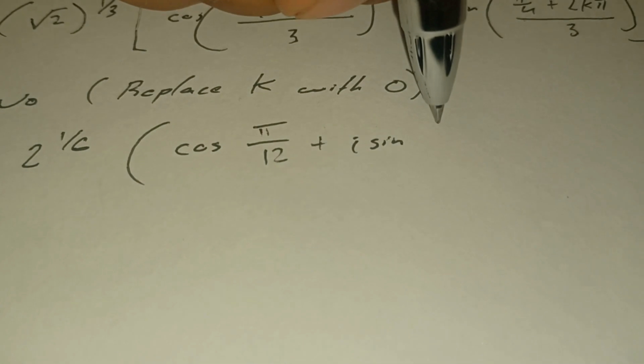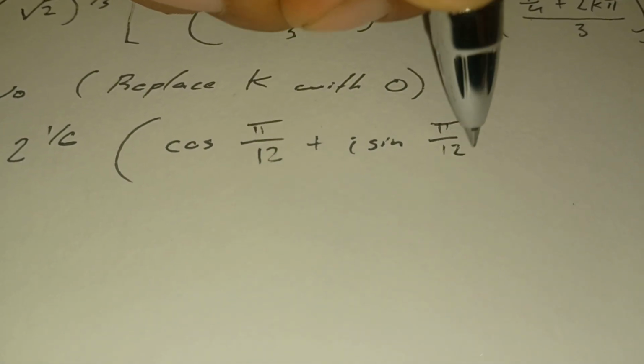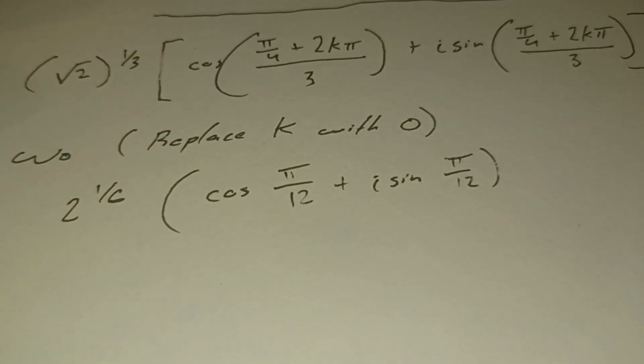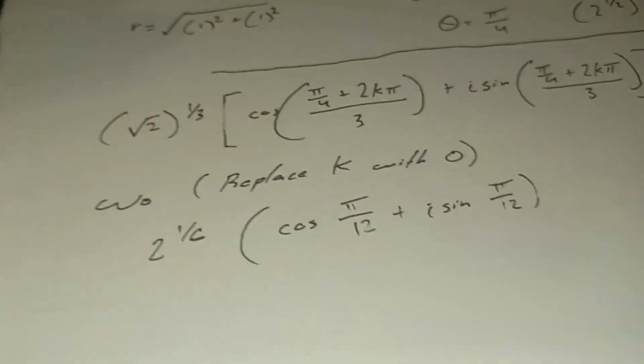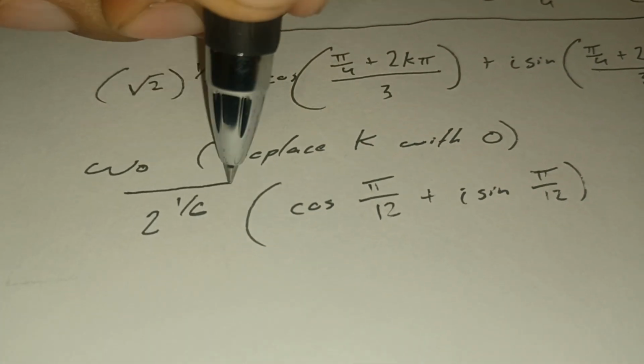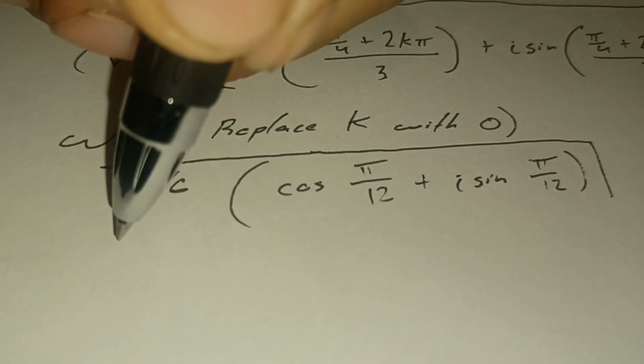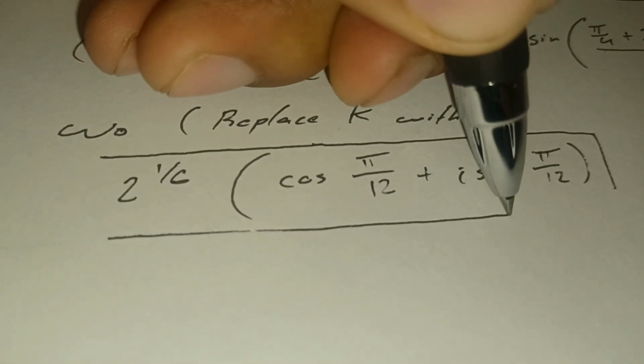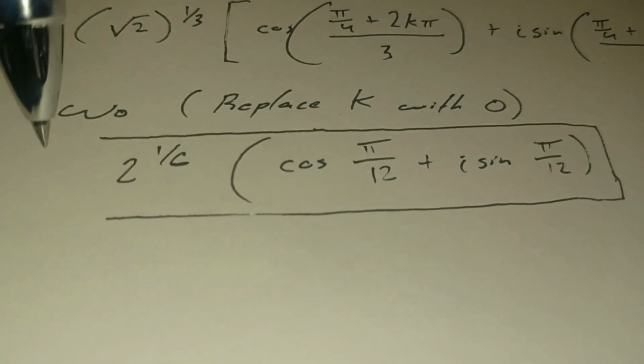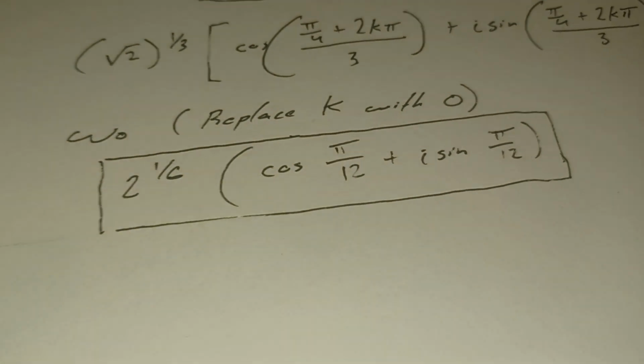That's going to be our first root: 2 to the 1/6 power, cosine of pi over 12 plus i sine of pi over 12.